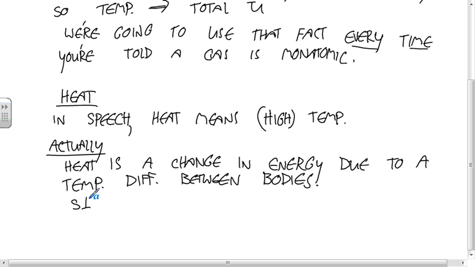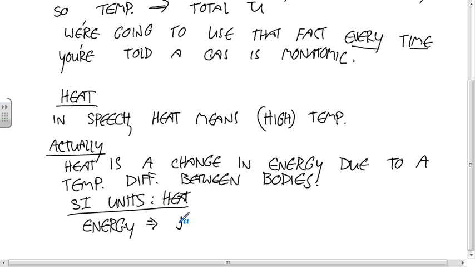So the SI units for heat are joules. Heat is a type of energy, and so the units are joules. So to wrap your head around this idea of a change in energy due to something, in the first semester of physics, we talked about something like this.